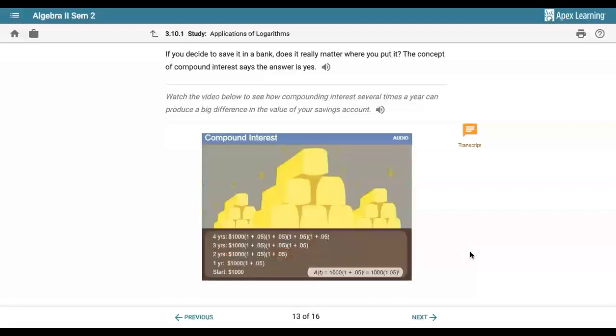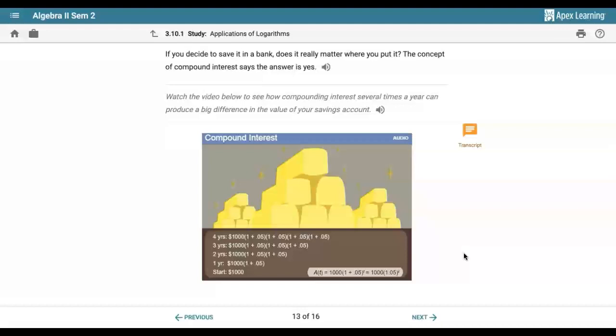Let's start with savings. Suppose you deposit $1,000 into a savings account that pays 5% interest, compounded annually. After 1 year, the amount in your account is $1,000 plus 5% of $1,000. This is the same as 1,000 times 1 plus 0.05.